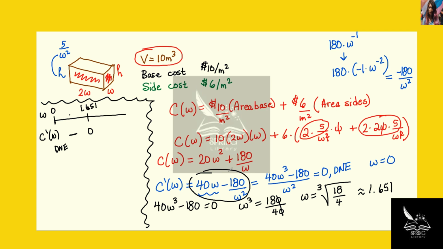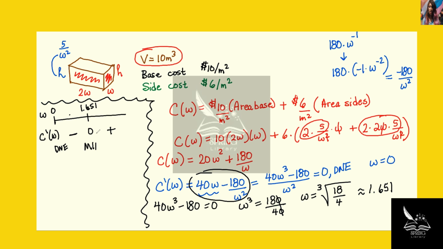Let's do a quick calculator check. I get 80 minus 180 divided by 4, and that is still a positive value. Okay, so within our possible ranges for W, since the derivative is going from negative to positive, we definitely have a min. Okay, excellent.